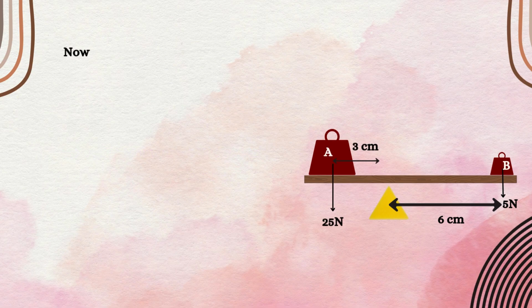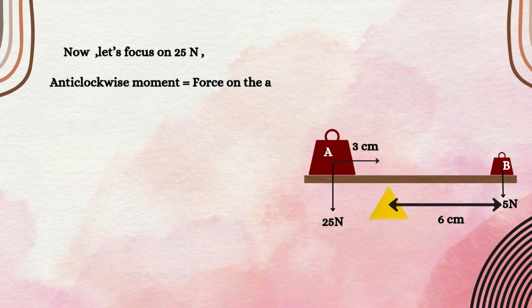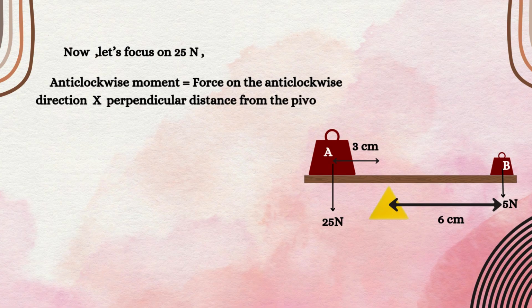Now let's focus on 25 Newton. As we did earlier, keep the pivot of the clock on the pivot of the beam and check in which direction 25 Newton is acting. Here, 25 Newton is acting in the anti-clockwise direction. So to find anti-clockwise moment, the equation is anti-clockwise moment is equal to force in the anti-clockwise direction times perpendicular distance from the pivot to the force.